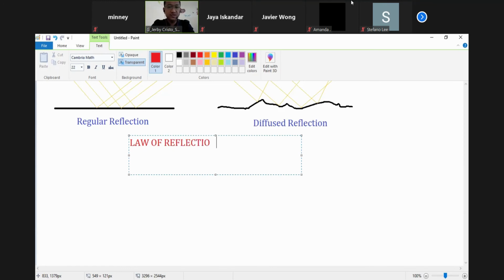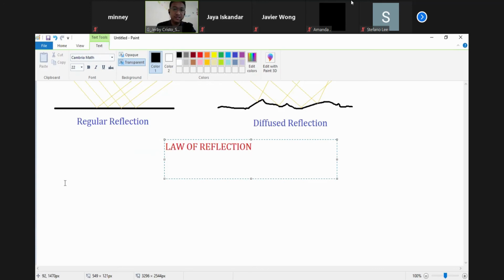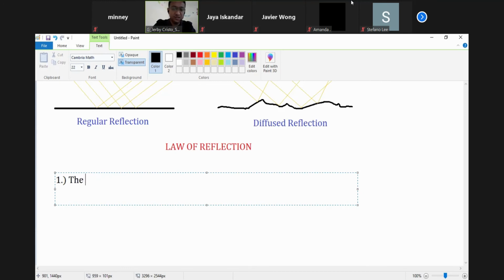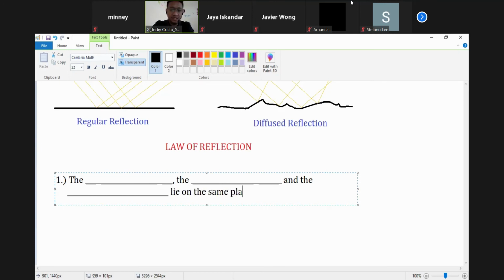And there are two parts mentioned in the law. In the first part, I want you to identify the missing words in the paragraph. So for the first part of the law of reflection, the blank, and the blank lie on the same plane.